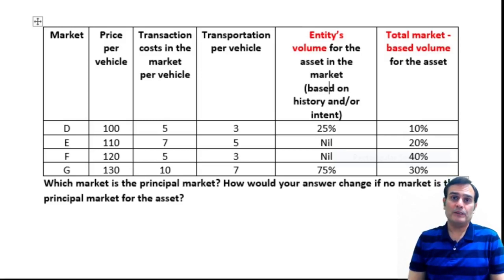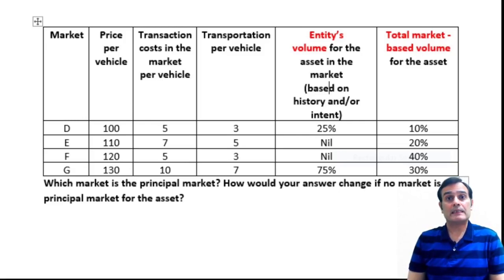Now, in this particular video, I'm going to connect you to the principal market as well as the identification, mind the word identification, of the most advantageous market. Let me tell you that there are two aspects. One is identification of a principal market. The other aspect is a computation of a fair value. Now, they are two different things.